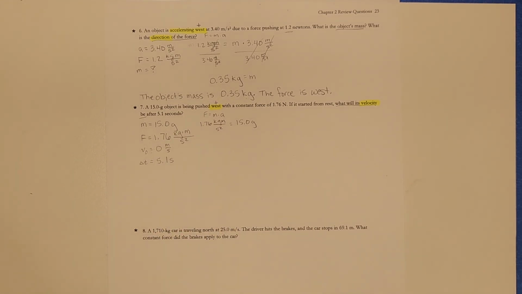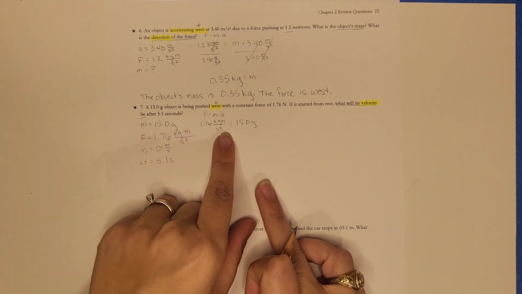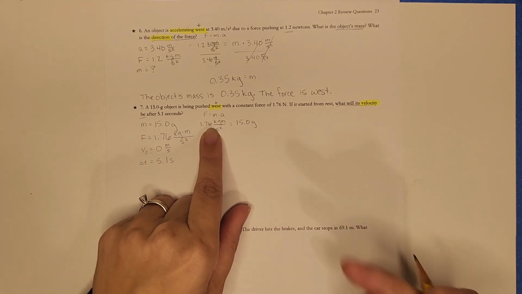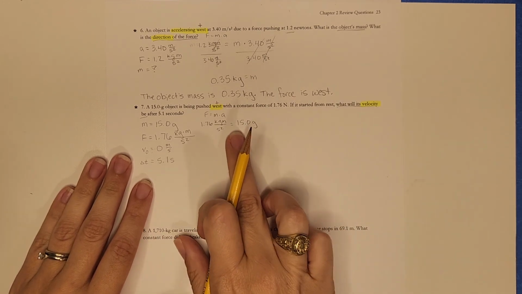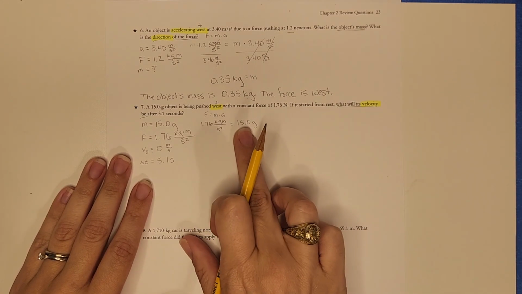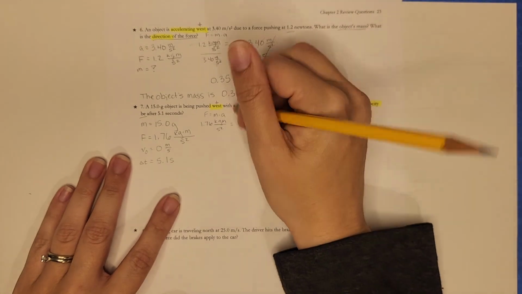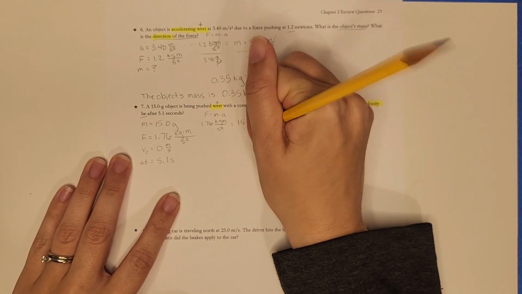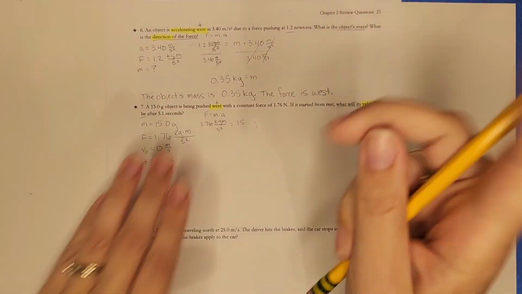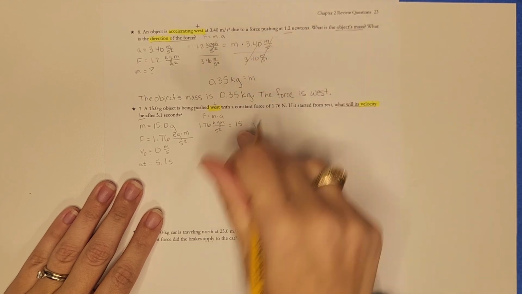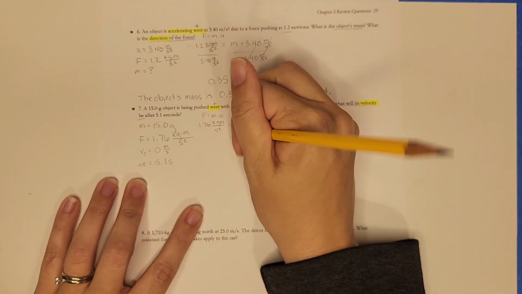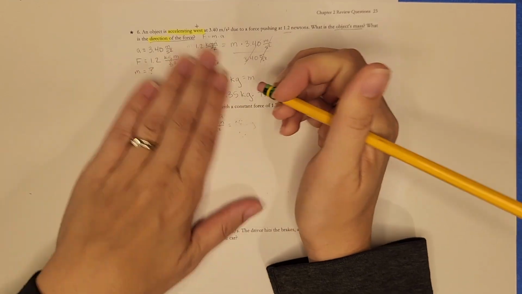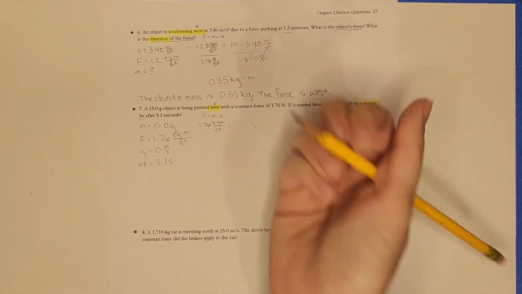Okay, the easiest conversion is just getting it into what this newtons is. You could go the opposite way, but I'm going to just change this grams to kilograms. Okay. So instead of 15.0 grams, I'm going to divide it by 1,000 and turn it into kilograms.